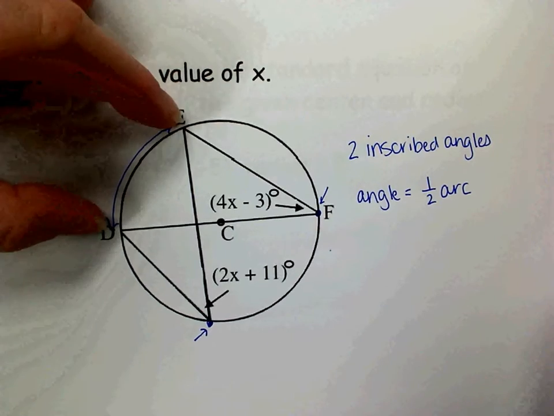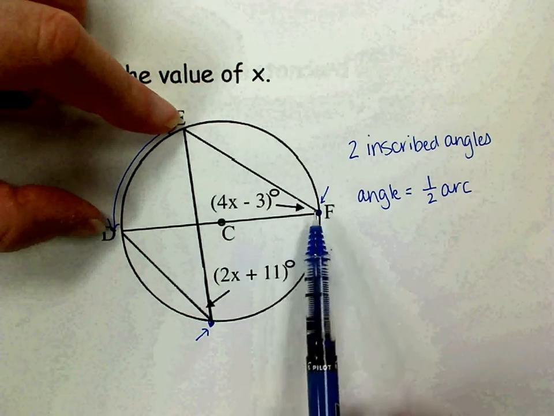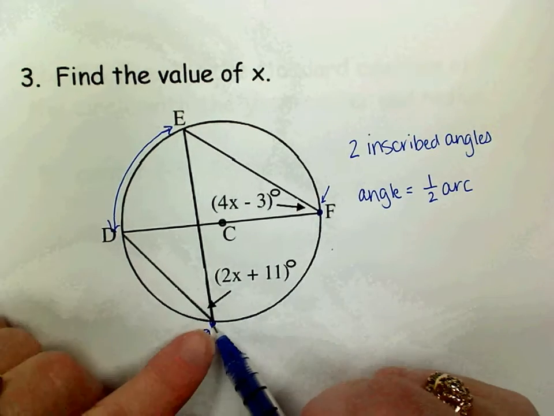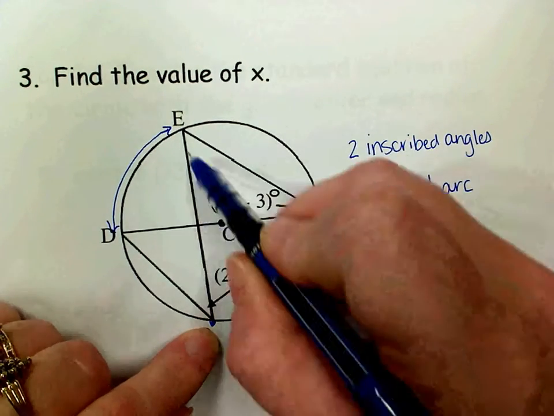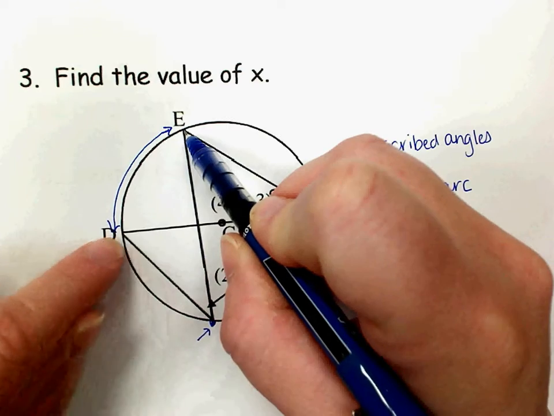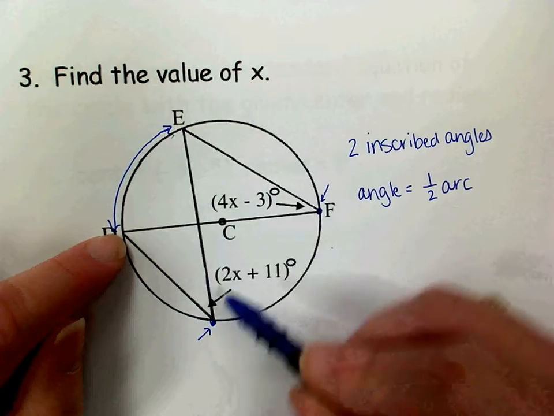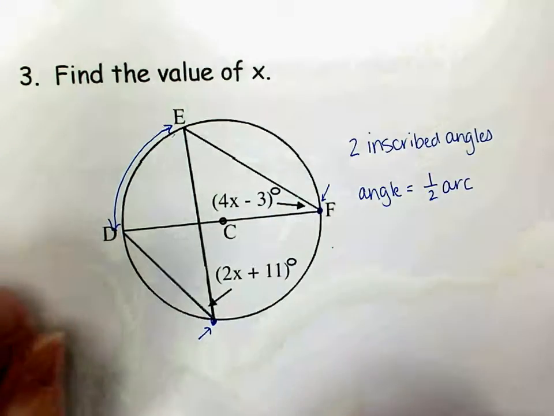We're not given the measure of that arc, but we know this angle is half of whatever that measure is. When we look at our other inscribed angle and follow the sides, we go to points E and D again. So it's the same arc, and it's also half of arc DE.